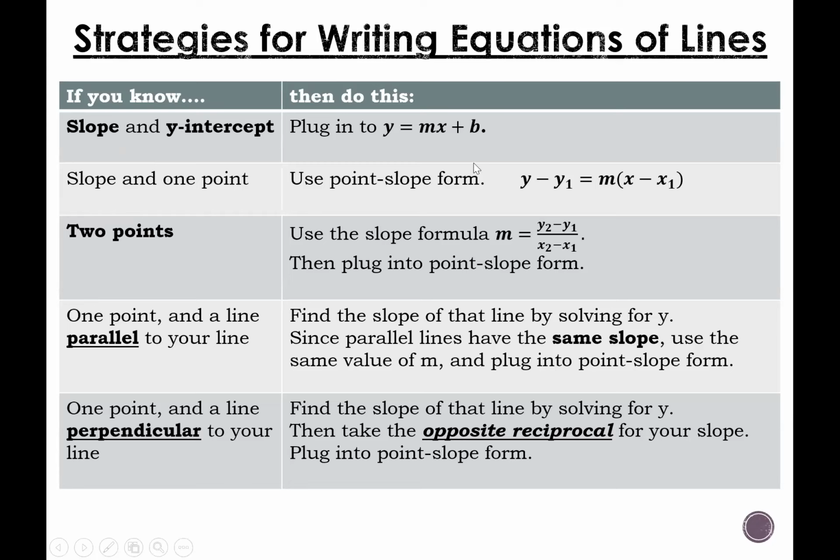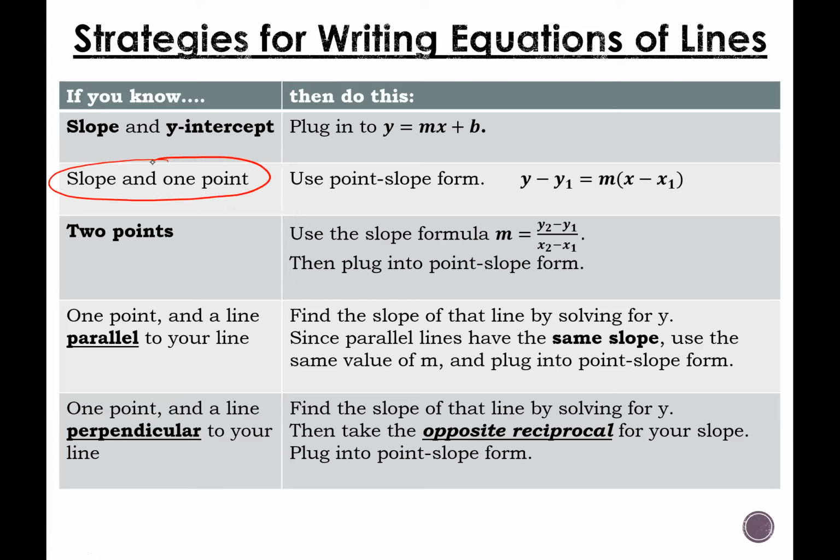Now what we just did in our previous example was we knew the slope and 1 point, but that 1 point was not the y-intercept. Remember how our point was -5, 2? The y-intercept has to have 0 for the x-coordinate. So -5, 2 was just a random point on the line. It wasn't the y-intercept.